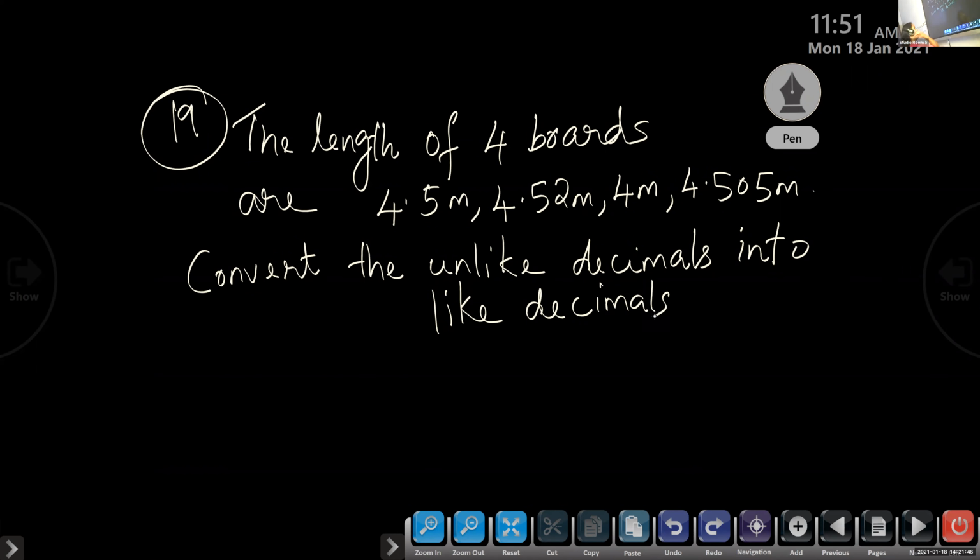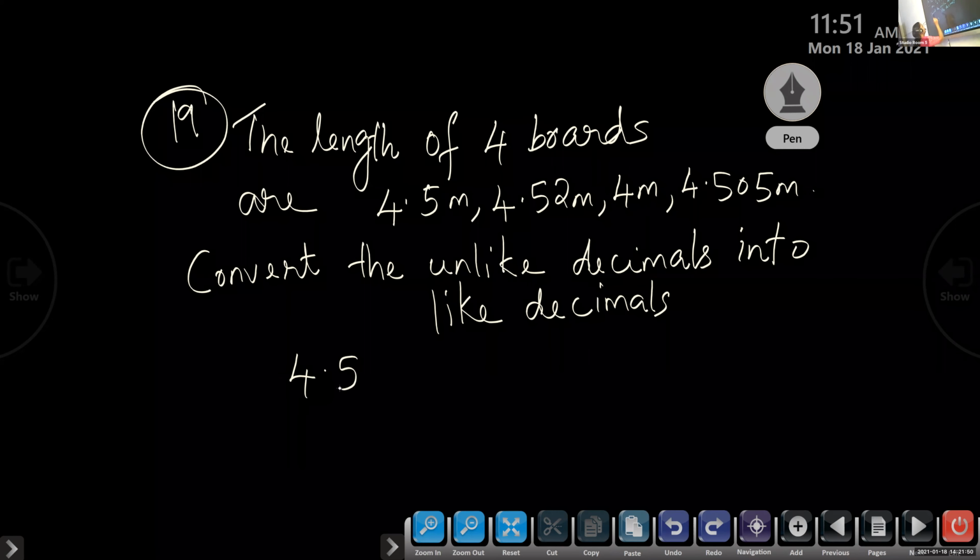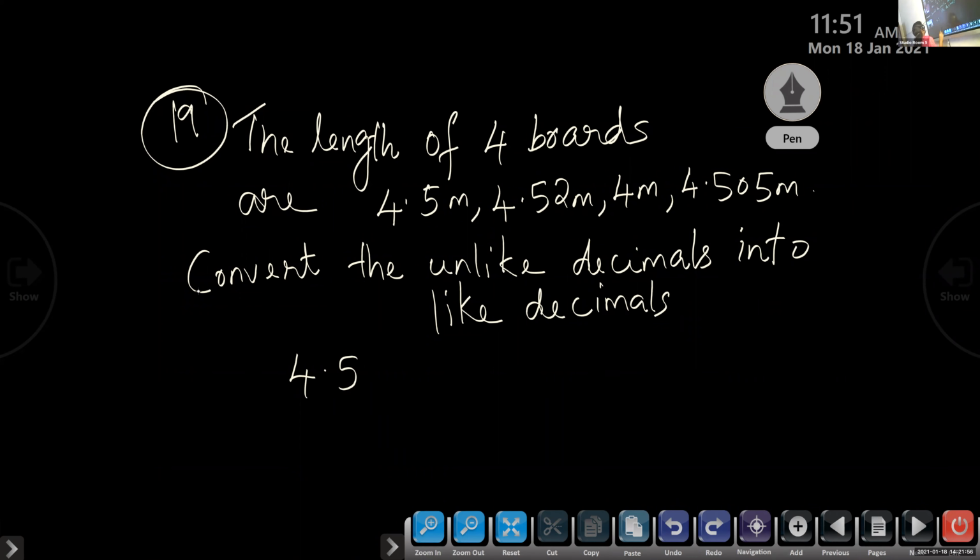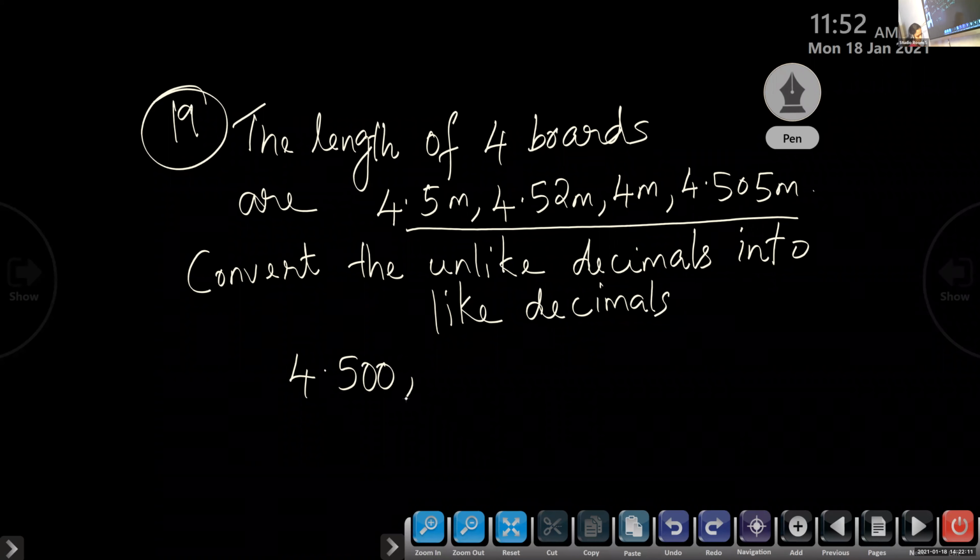So what we can write here, 4.5. Yes, Risha, can you say this like decimals? Look at here. You can look at here and tell me. 4.500. Very good. Then the next one. 4.520.